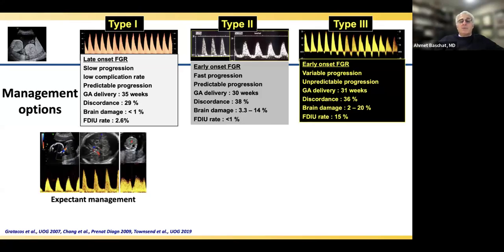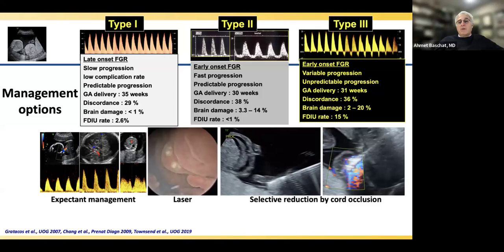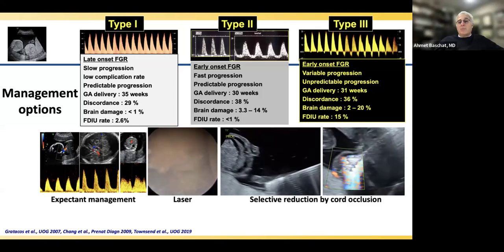So the management options for selective growth restriction are basically expectant management, traditional laser surgery, or selective reduction of the compromised twin by cord occlusion.